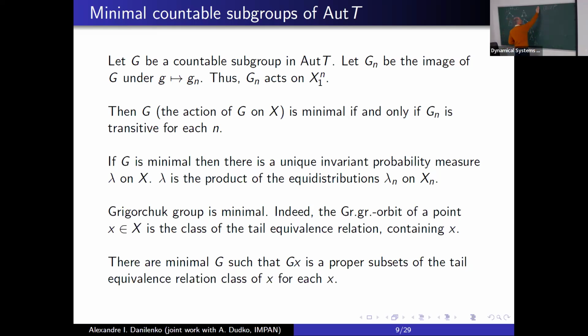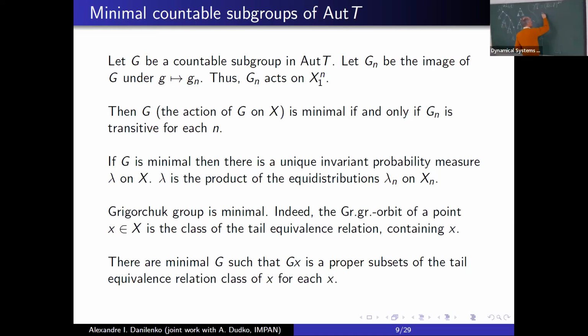Consider this space, which can be used as a boundary of a tree, the dyadic tree.